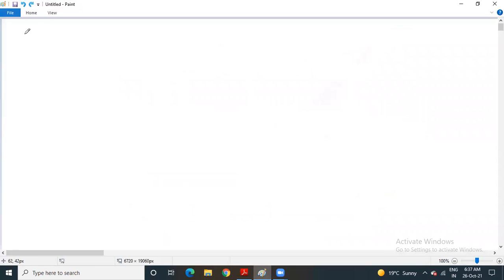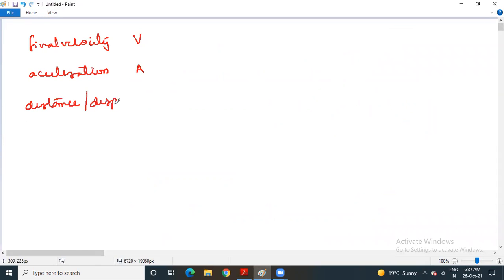In the previous sessions, we spoke about final velocity, say this is V. We spoke about acceleration, so this is say A. We spoke about distance or displacement, say S. We spoke about time interval because we have included time interval.